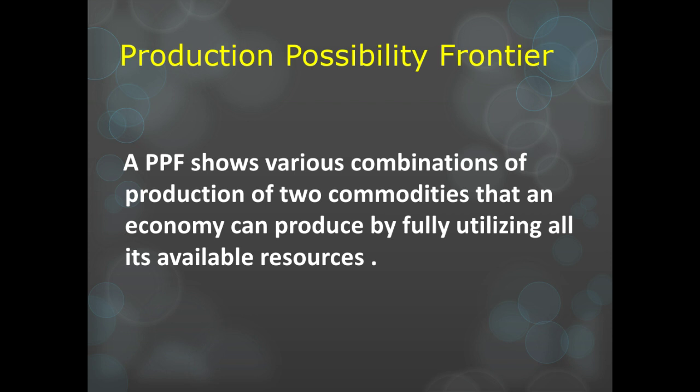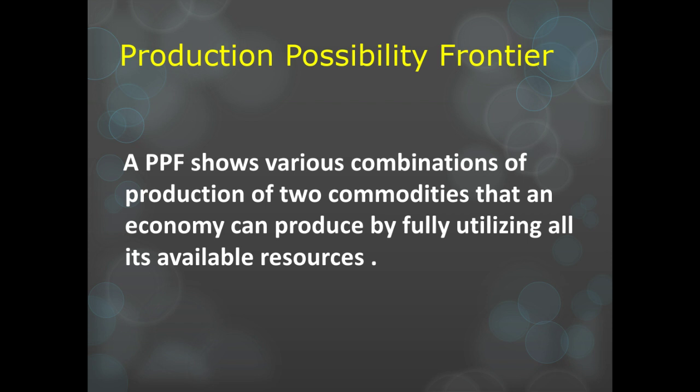How are they producing it? By fully utilizing all its available resources. So by fully utilizing all its available resources, how much quantity of both commodities can be produced? A graphical representation of those combinations of production of two commodities is known as production possibility frontier. So what is the definition?